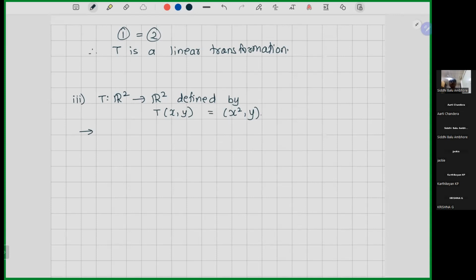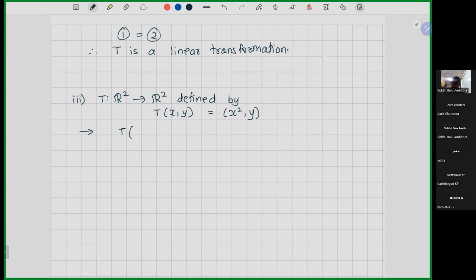It's not a linear transformation. As Divya and Karthikeyan said, this is not a linear transformation. Since we have guessed that it is not a linear transformation, let me quickly write what will happen.